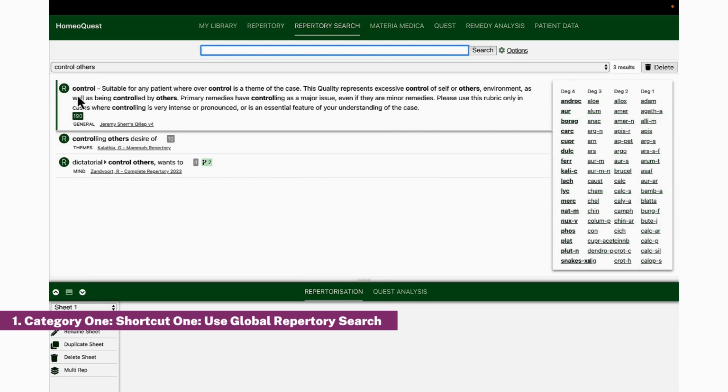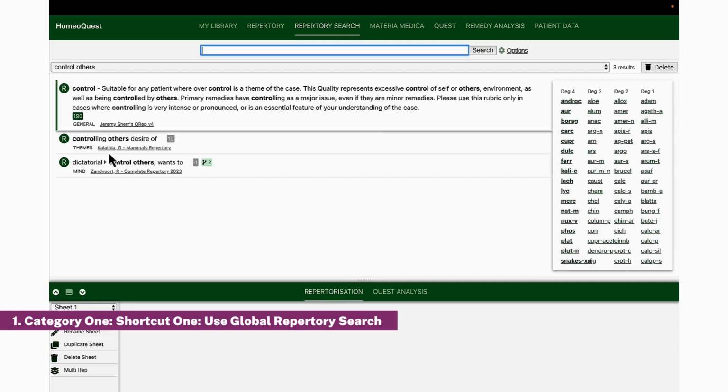It is a broad mental quality control. It represents theme of the case as control. It represents excessive controls of self, of others, of environment, as well as being controlled by others. So they have a problem around controlling as an issue, controlling themselves or controlling others, right? So this is a wonderful rubric.